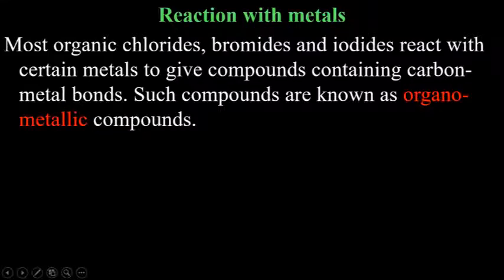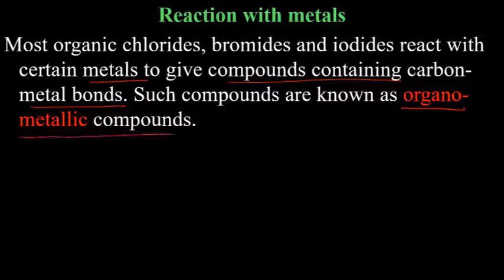Most organic chlorides, bromides, and iodides react with certain metals to give compounds containing carbon-metal bonds. There is a bond between carbon and metal. Such compounds are known as organometallic compounds. Organometallic means organic compounds containing metal.